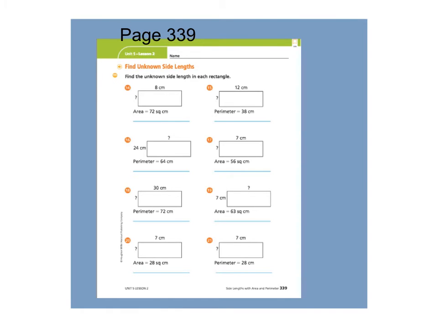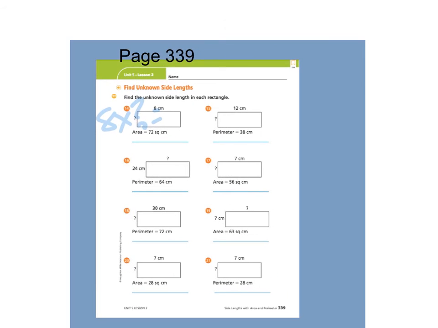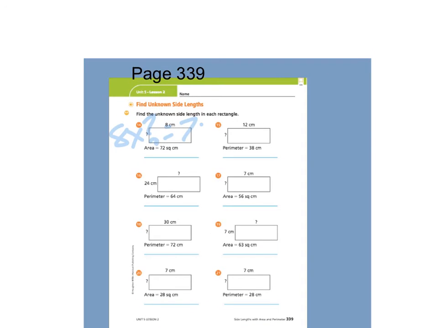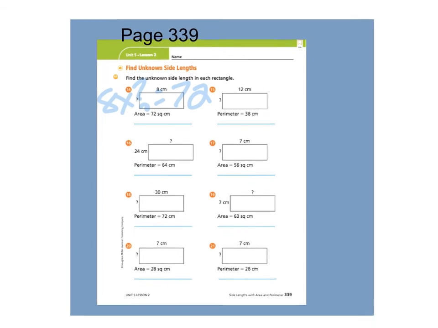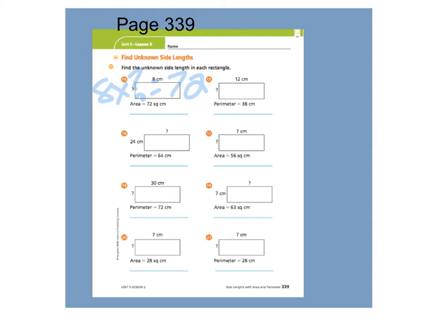All right, so the next page, now we have unknown sides. So this is all fact family kind of stuff. So if you look at number 1, 8 times something equals 72. So you have to figure out what that something is. So you could either skip count by 8s till you get to 72. Or remember 8 times 5 is 40, and then you could count up from there.